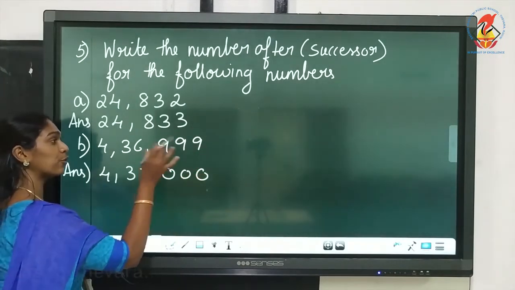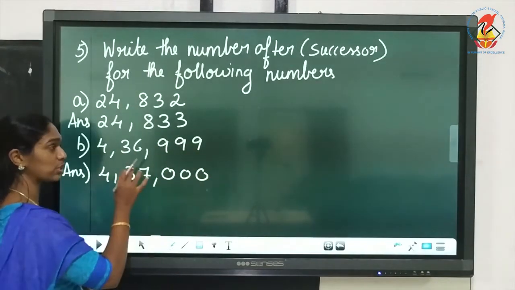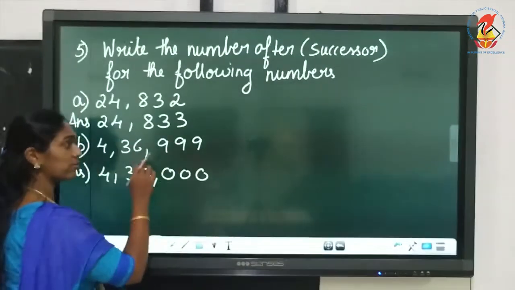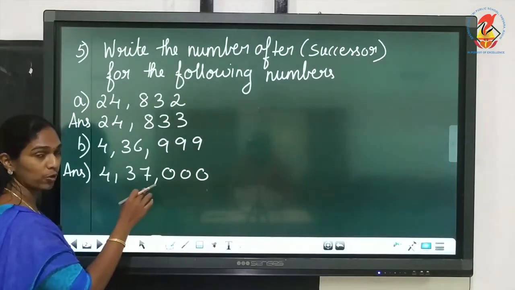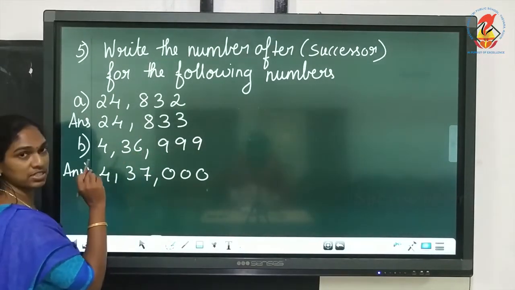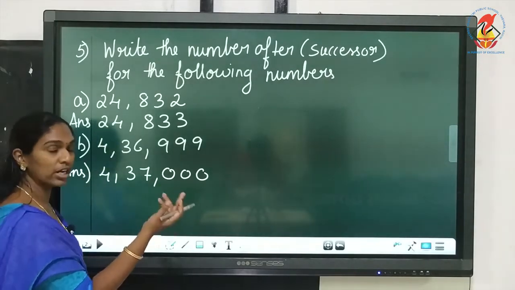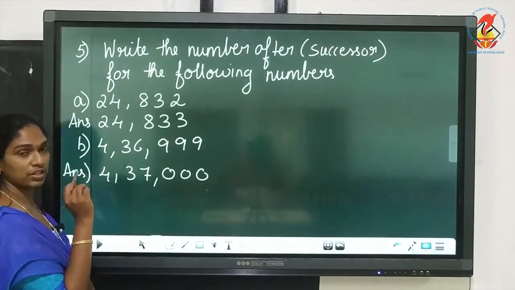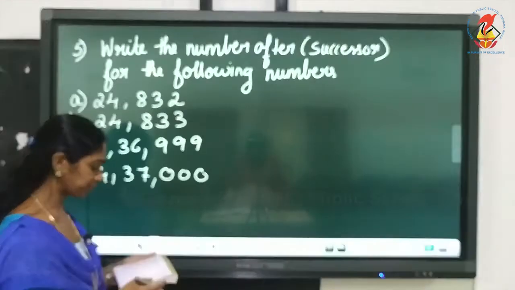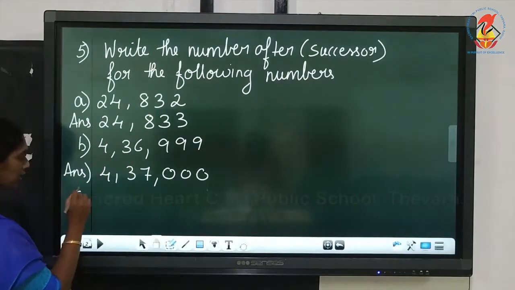So, if you have 9s at the last, not in between, then you can make all that 9 zero and the number that comes before 9, here you have 6, that you can make it 1 more. So, it becomes 7. So, 4,37,000. Clear? Next question.